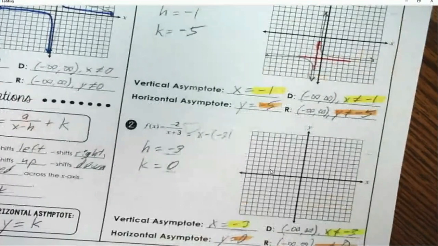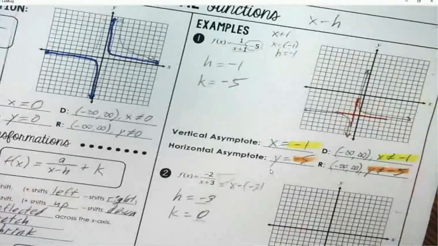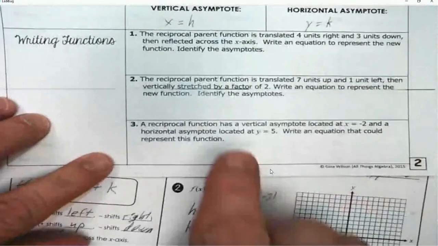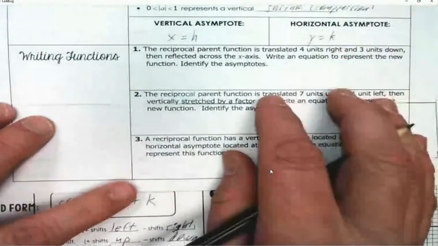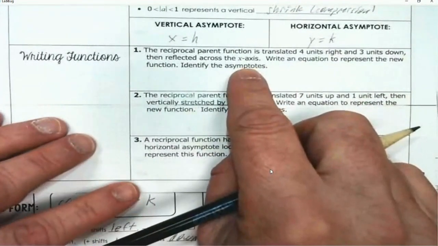So I want to try a problem with you. I've got a problem over here I want to look at. I still have the vertical horizontal asymptote notes on this page. What if I give you the translation and you write the function?